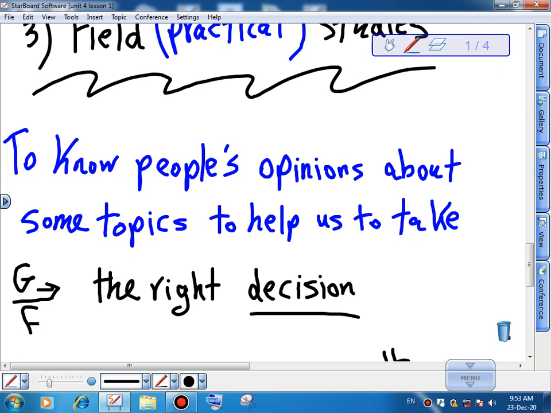So I need my father's, my mom's, my sister's opinions. I need these opinions to know new information about something that I don't know anything about. To take the right decision, I will take German or French. So I need to know the right decision to take, German or French.